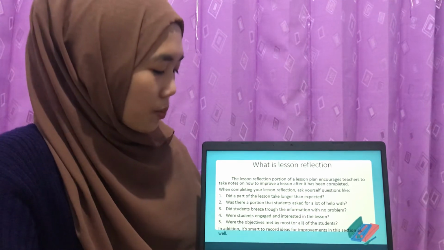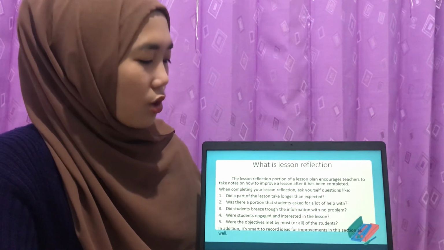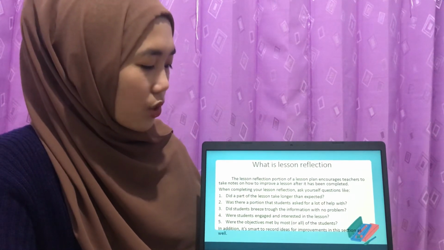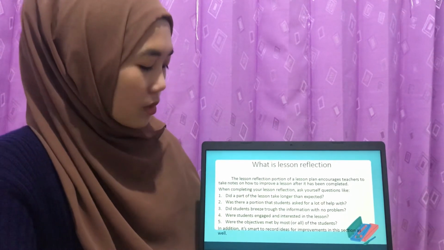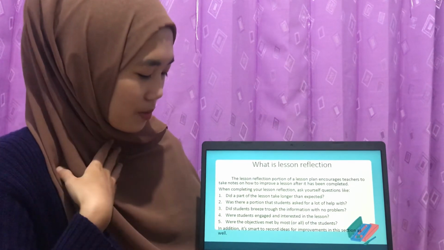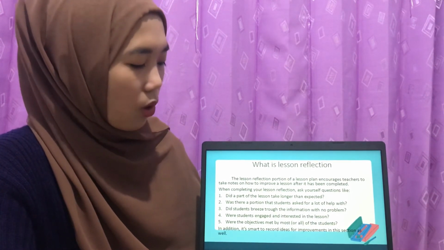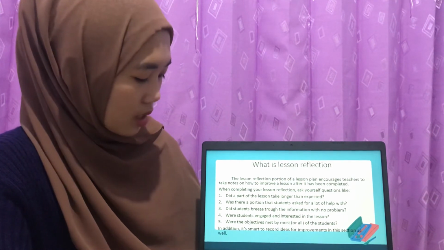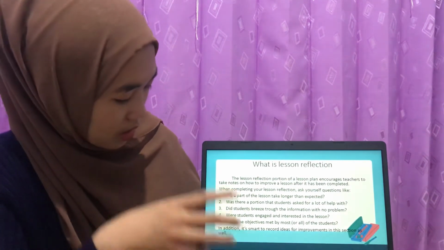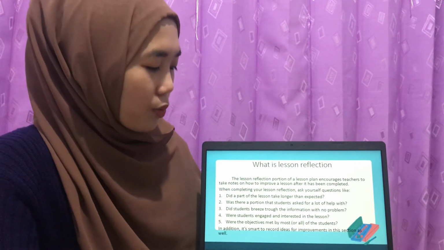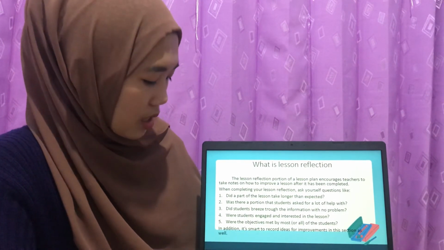Did students breeze through the information with no problem? Were students engaged and interested in the lesson? Were the objectives met by most or all of the students? And in addition, it's smart to record ideas for improvements in this section as well.